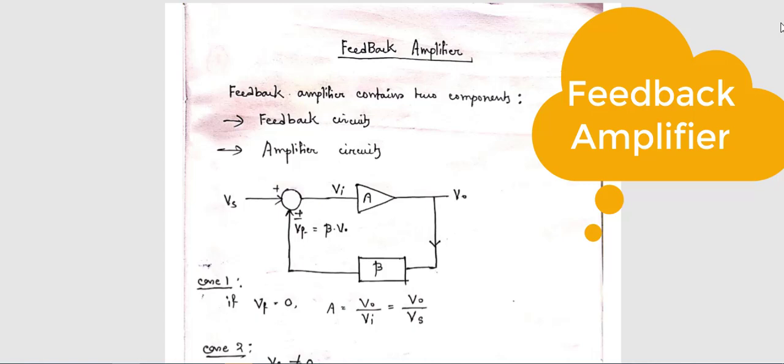If we say, in one sentence, what is a feedback amplifier, you can say that a feedback amplifier basically consists of two parts. One is the feedback circuit path and another is the amplifier circuit path. That means an amplifier circuit is added to a feedback path to design a feedback amplifier.